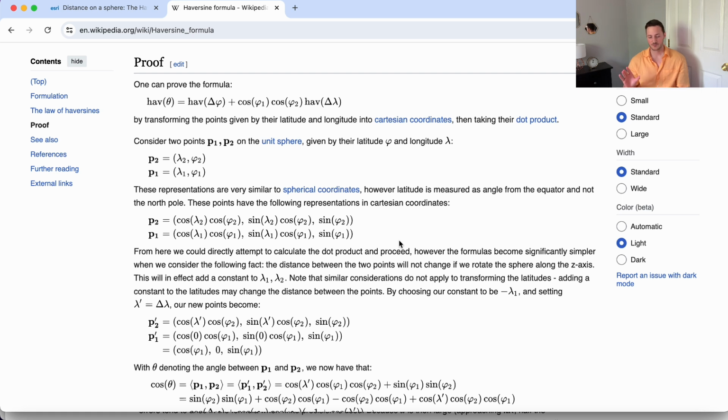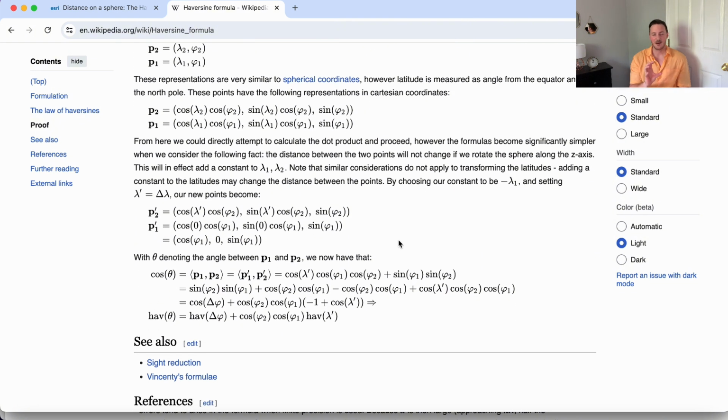Here's a nice bit though. We're going to, in a bit, use the dot product to find an expression for the angle. But if you think about this, if you rotate the sphere along its z-axis, into the page, even though your longitude will change for your 2 points, the latitude won't. On top of that, there'll be a constant factor of change as you rotate this. So if one goes, say, 2 to the right, so will the other one.